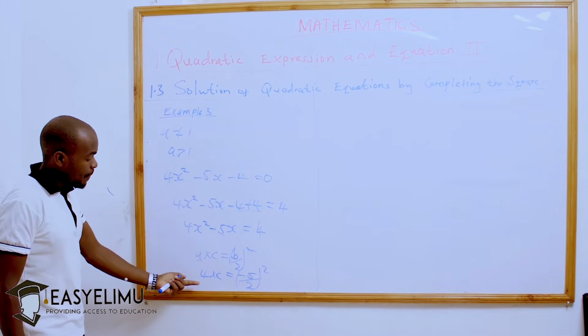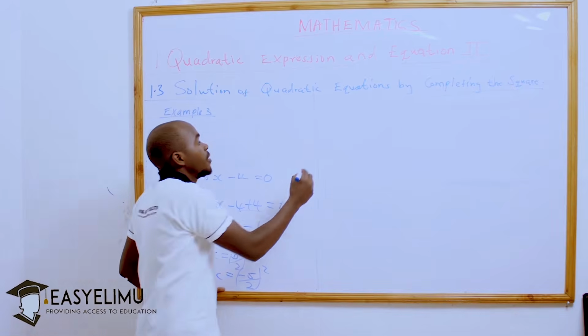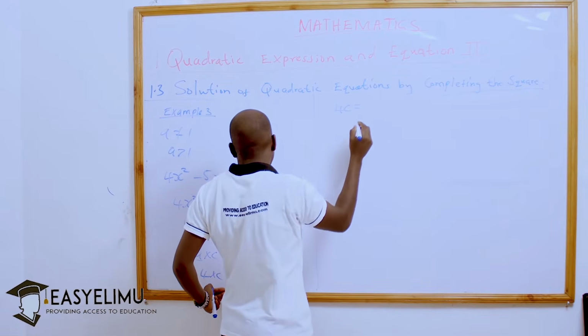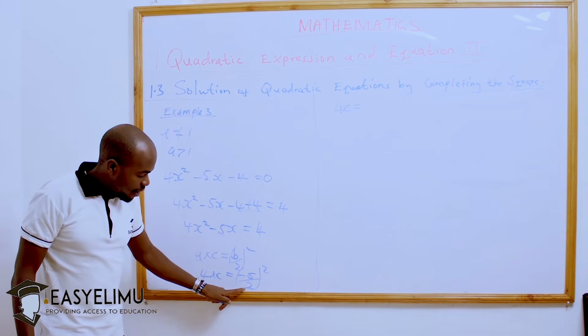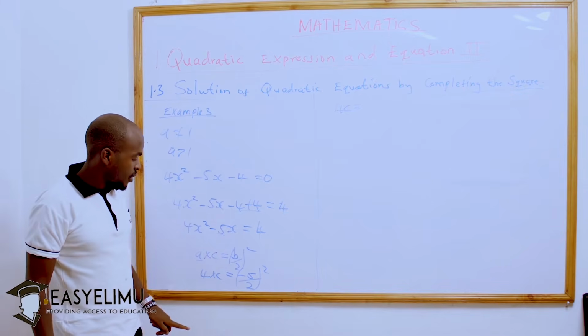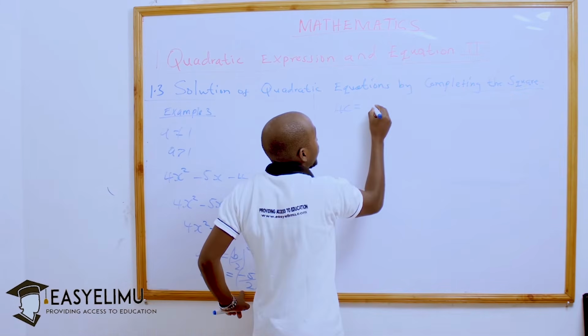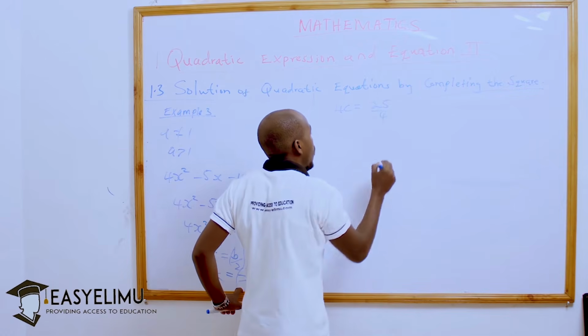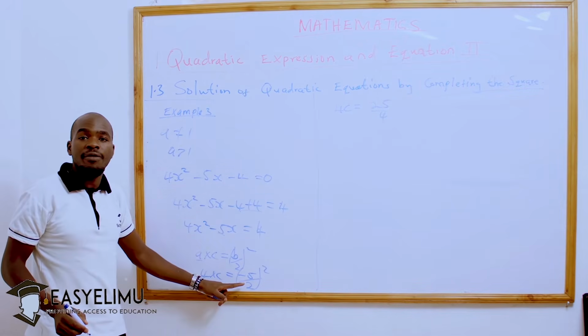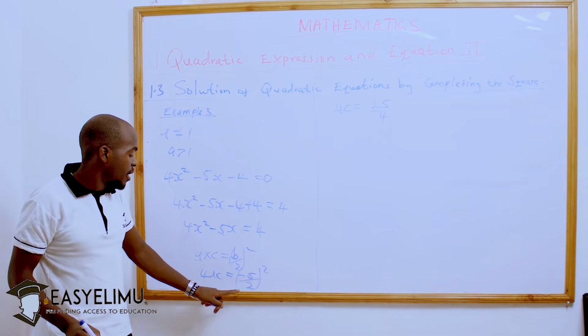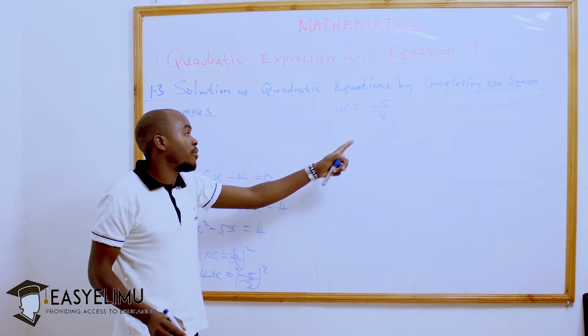So we say 4c is equal to negative 5 over 2 squared. That is 25 over 4, because if you square negative 5 you get positive 25, and 2 squared gives you 4.